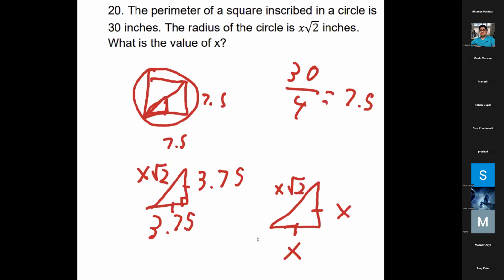That's just the general rule for these types of triangles. Based on that information, we can say that x is equal to 3.75. So the correct answer is 3.75.